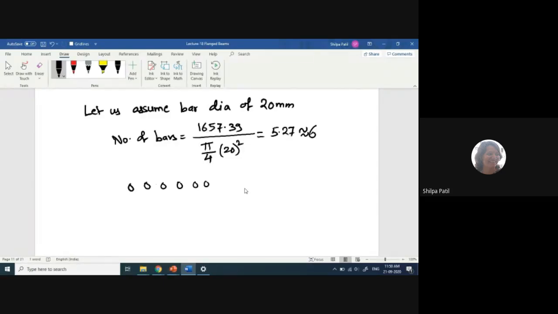So it is 125 plus 120, it is coming 245. And normally I provide the side cover of 30 mm on either side, so 30, 30, both sides 60. So 245 plus 60, my value is coming as 305, which is exceeding 300. So when the area of the steel coming is higher, more than 1000, better to assume the larger bar diameter. Now I will erase this.